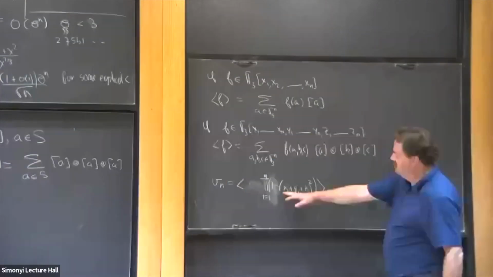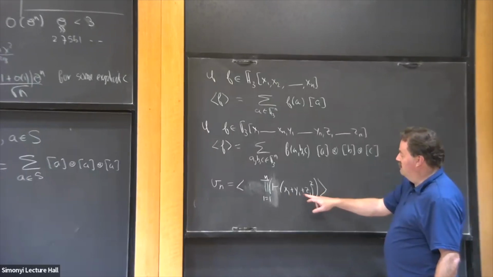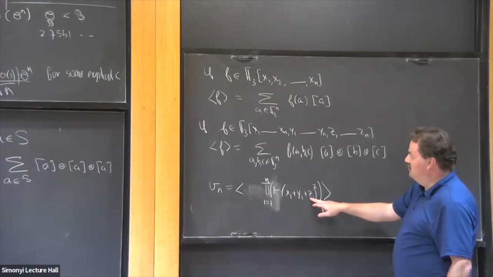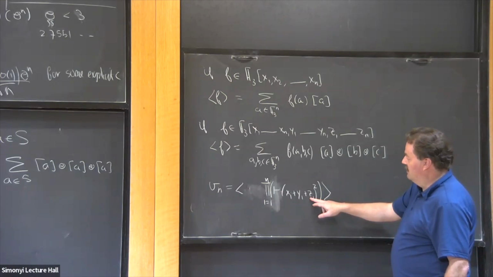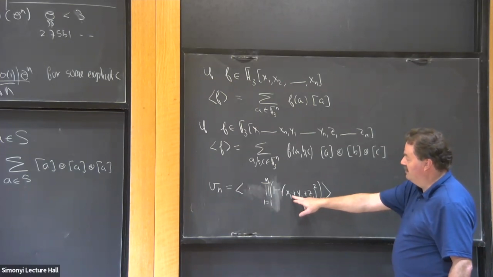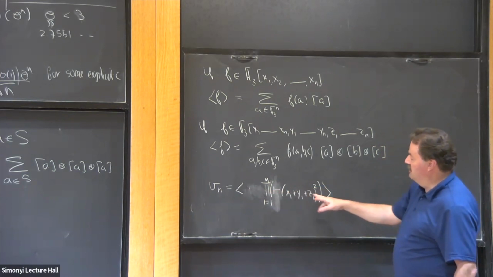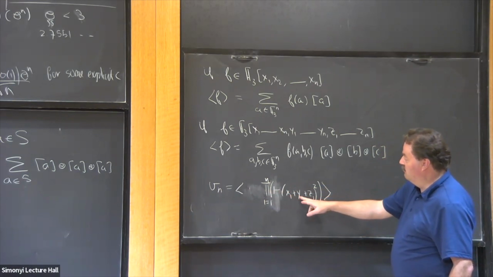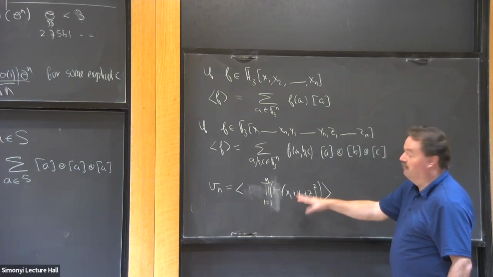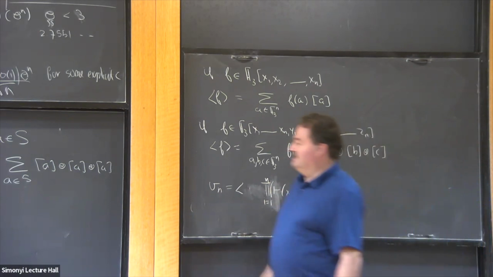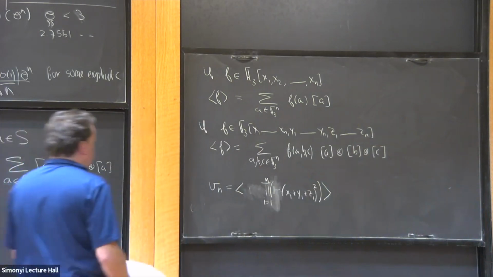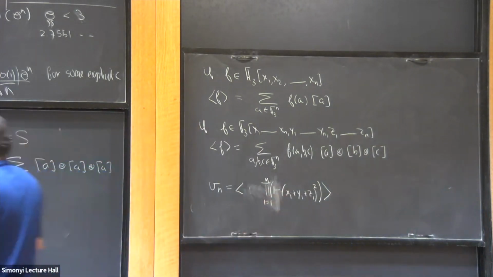If you look at this, if xi plus yi plus zi is non-zero, then the square is going to be 1, and then 1 minus 1 is going to be 0, and then this product is going to be 0. So this thing is only going to be non-zero if xi plus yi plus zi is equal to 0 for all i, and in that case the value will be 1. So you get exactly the sum over all a, b, and c for which a plus b plus c is 0.